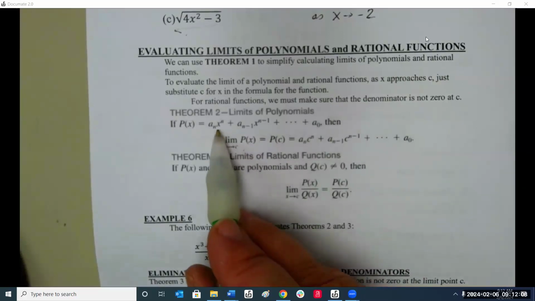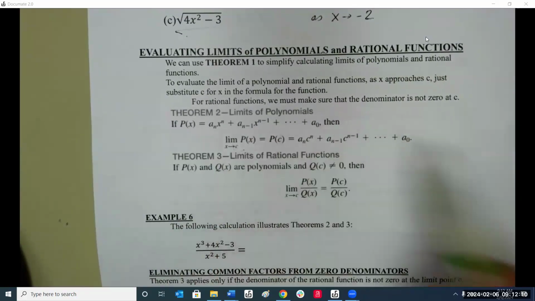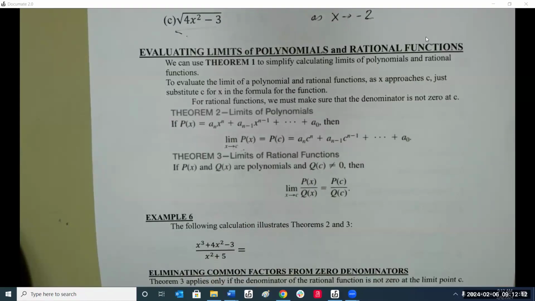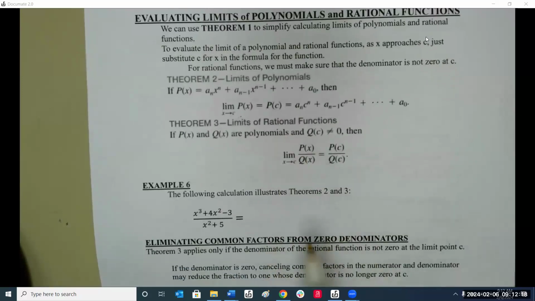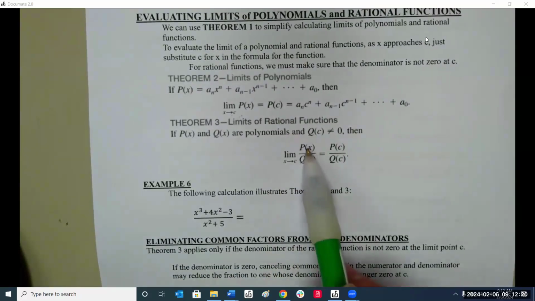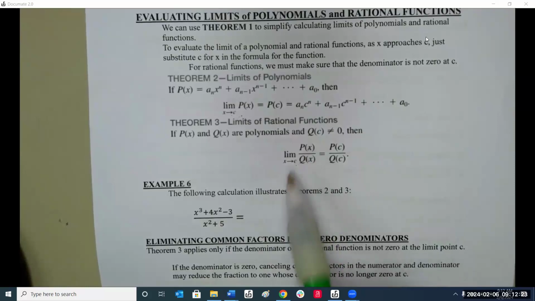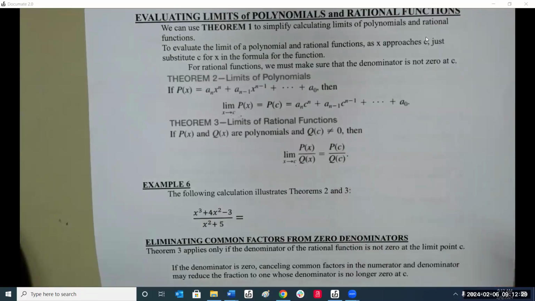Just plug in the value of c in place of all the x's. If you have a large polynomial, just plug in and see what happens. Same with the rational. If you have two functions, first plug in whatever your limit value is and see what happens. If it works, it works. If it doesn't, it doesn't, and you have nothing else to worry about.